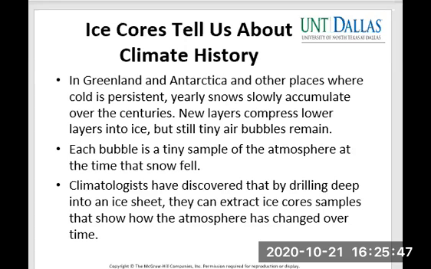In Greenland and Antarctica and other places where the cold is persistent, yearly snow slowly accumulates over the centuries. New layers compress the lower layers into ice, but tiny air bubbles remain. Each bubble is a tiny sample of the atmosphere at the time that snow fell.